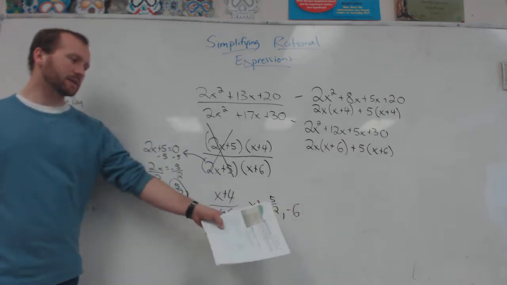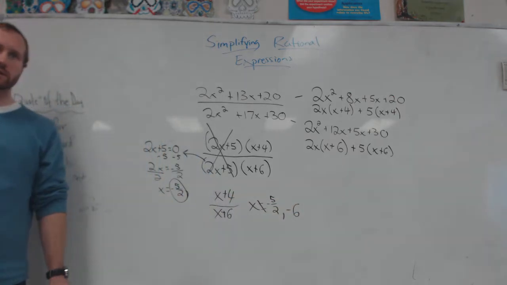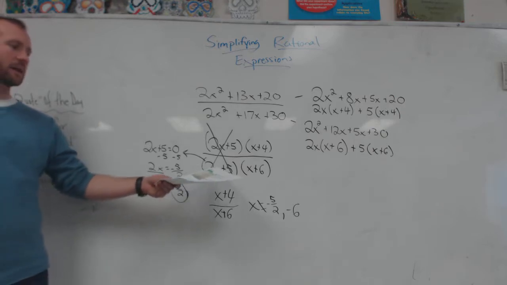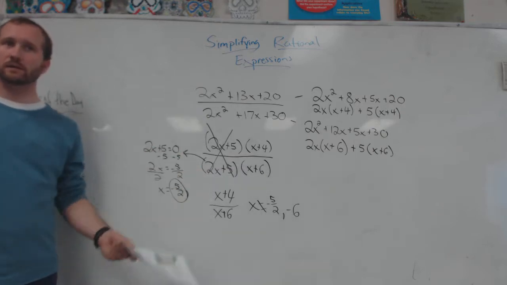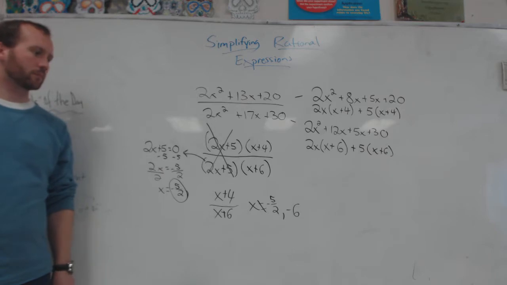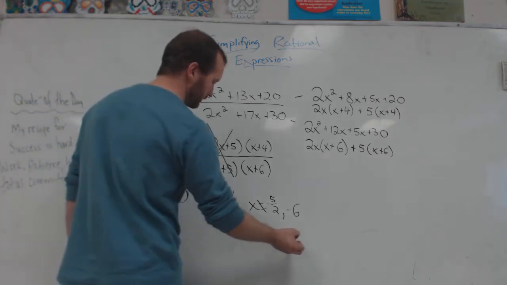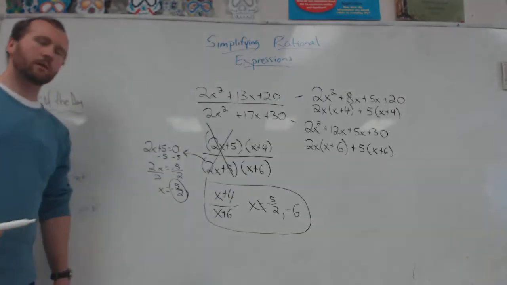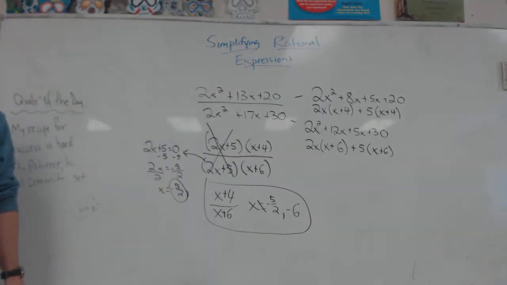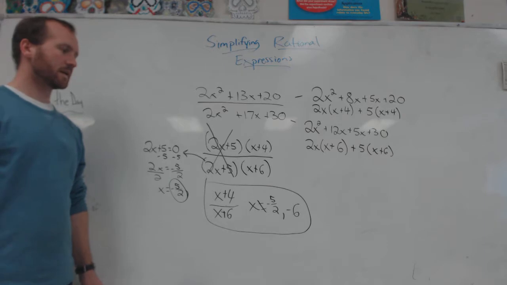Anyway, x does not equal negative 5 halves or negative 6. Because that would make the denominator 0 at some point. Right? And that's our answer. Mandatory to do. The x does not equal.